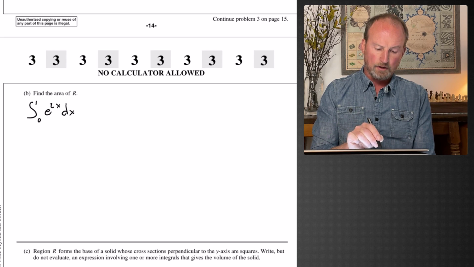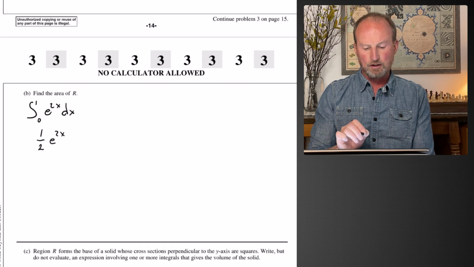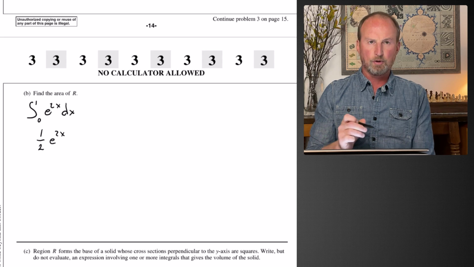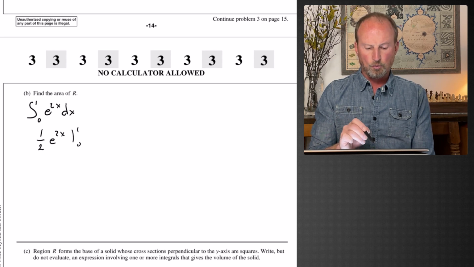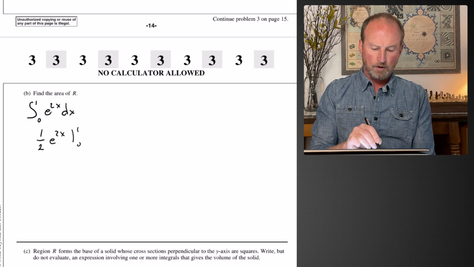So the integral of e to the 2x is e to the 2x, but then the derivative of the inside function would have given me a 2. My original function didn't have a 2, so doing an informal u substitution, I'm going to put a 1/2 in front. I'm evaluating that from 0 to 1, and so I have 1/2 times (e to the 2nd power minus e to the 0 power).